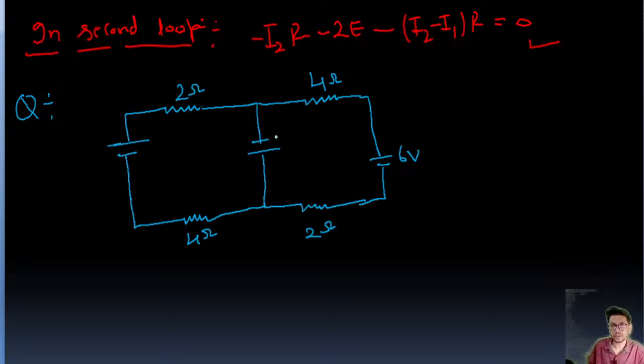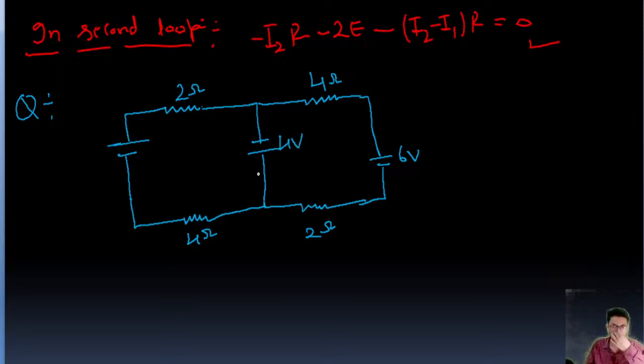You can try to solve this question by KCL also, or by nodal analysis also. So this is 2 ohm, this is 4 ohm, and this is the voltage, this is 4 volt.